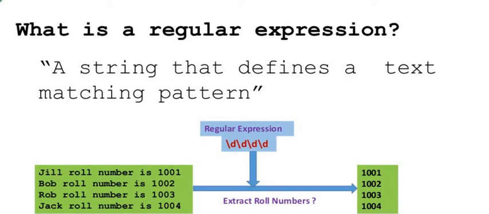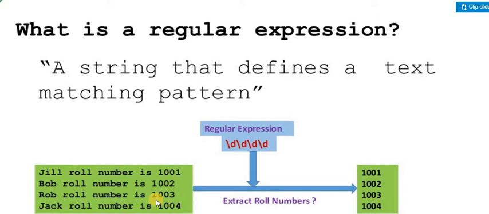So how can we do it? Here I am giving one example, a file that has some rows: Jill roll number is 1001, Bob roll number is 1002, Rob roll number is 1003, Jack roll number is 1004.